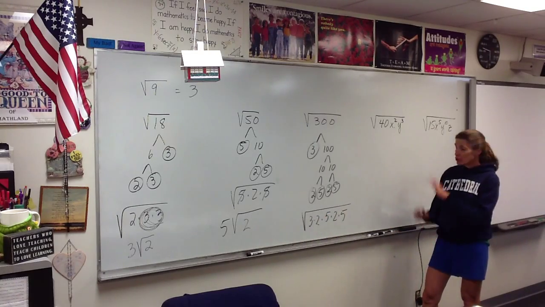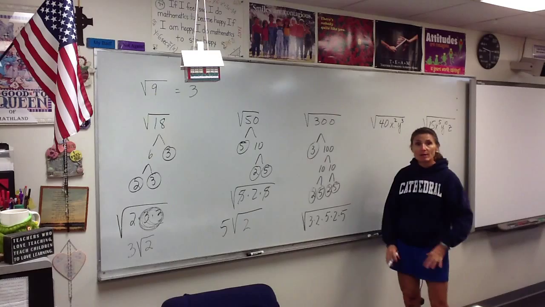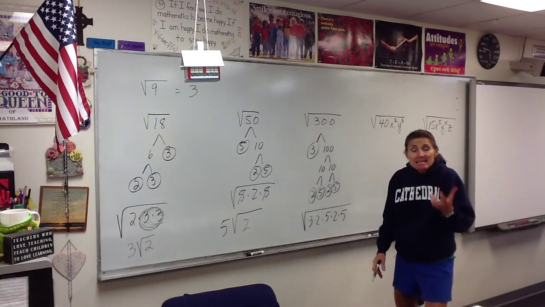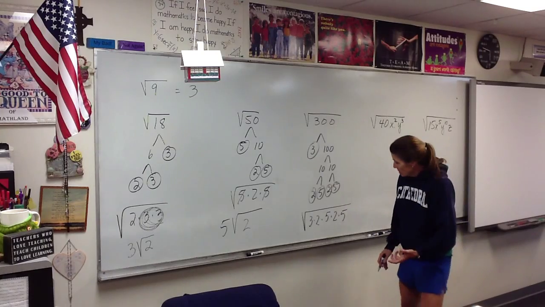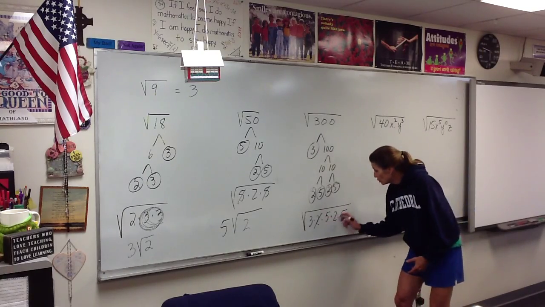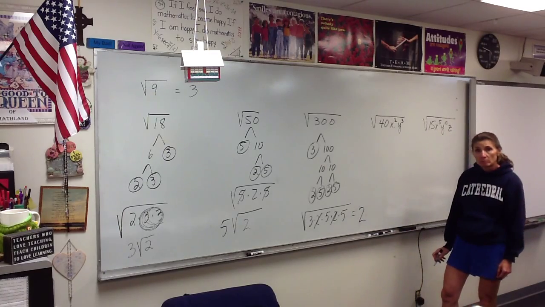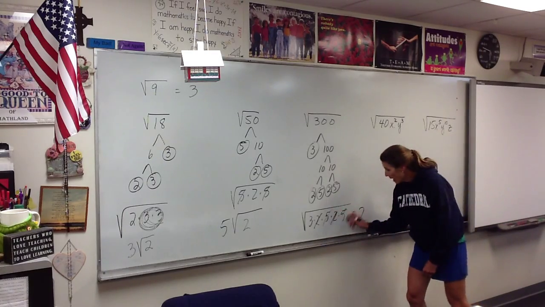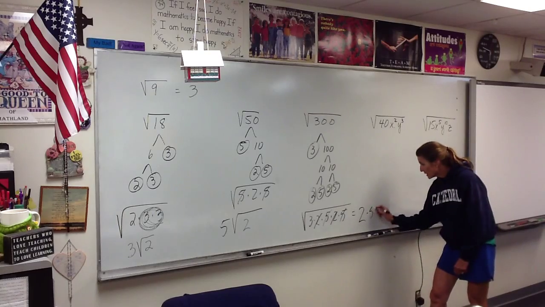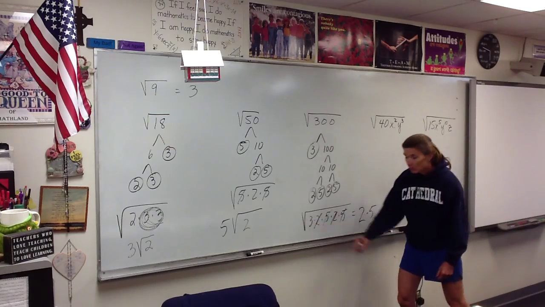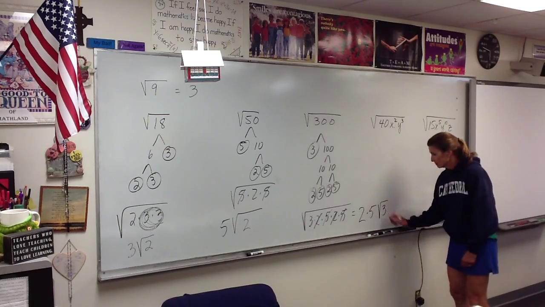Your job is to take as much out as you can. Well, what comes out? Anything you have 2 of. So what do I have 2 of? I have 2 2s, so out's going to come a 2. I have 2 5s, so out's going to come a 5. There's only 1 3. So what do I do with that 3? I leave it under there.